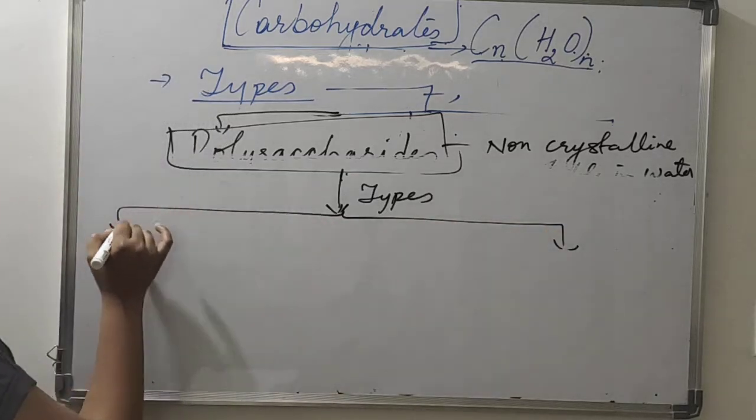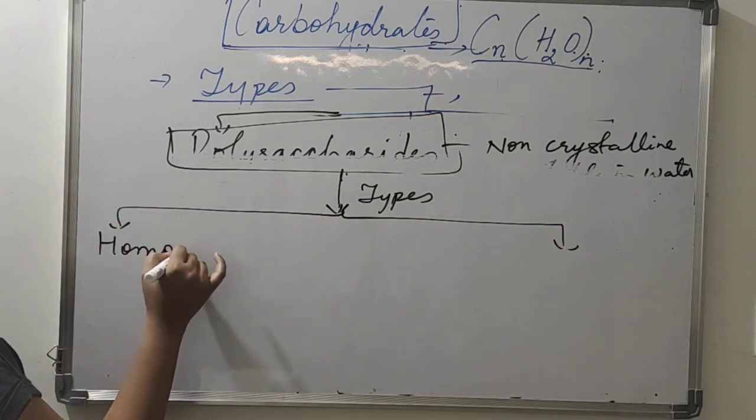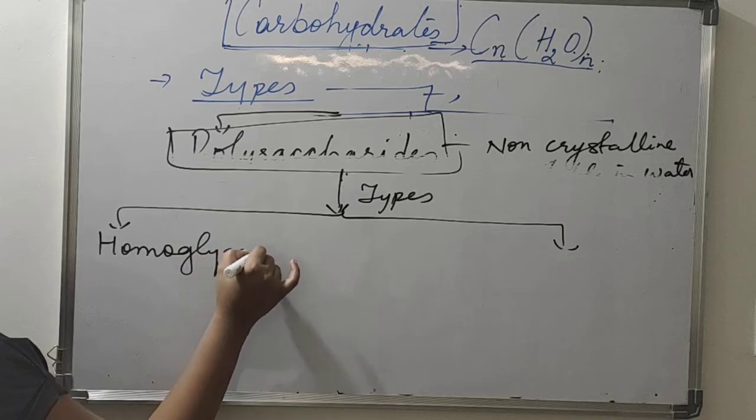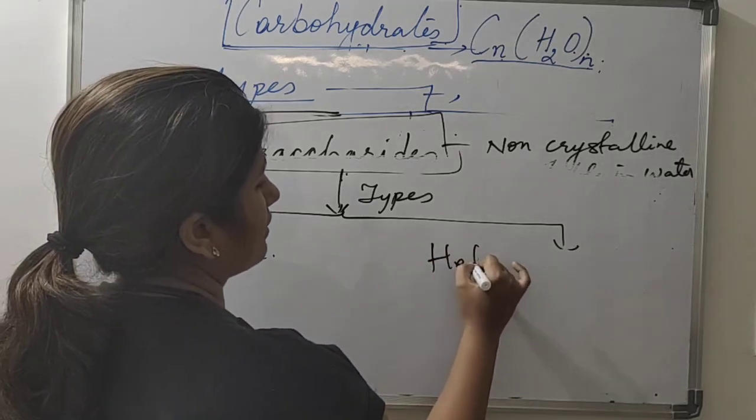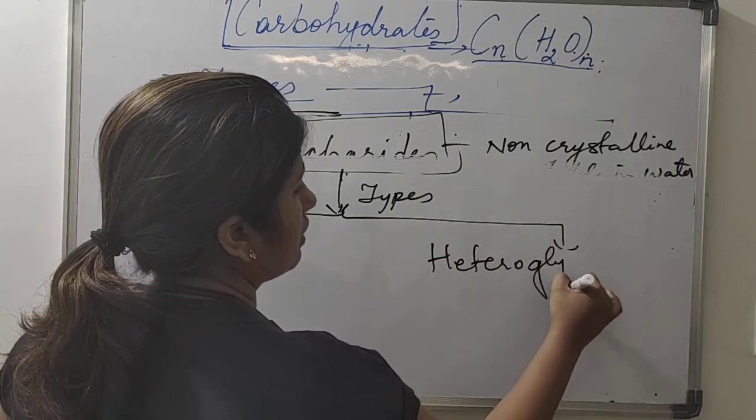Polysaccharides are of 2 types, homoglycan and heteroglycan. Very simple.